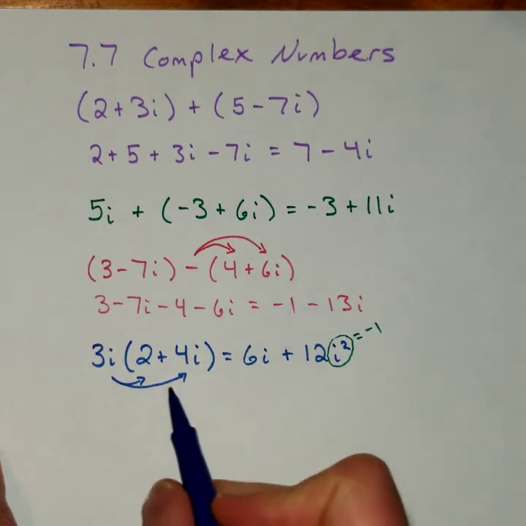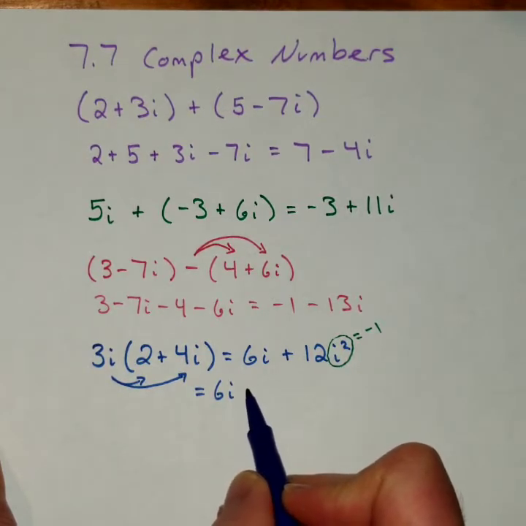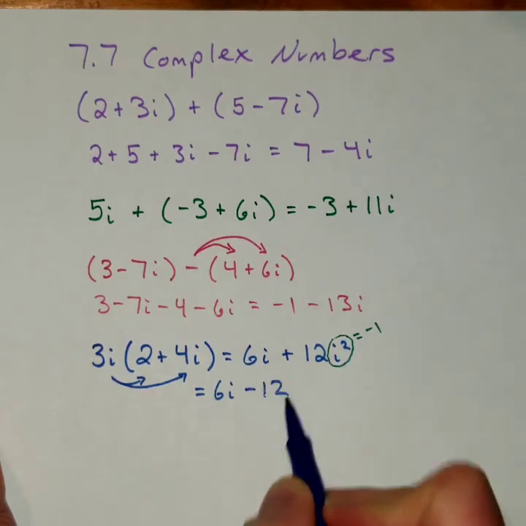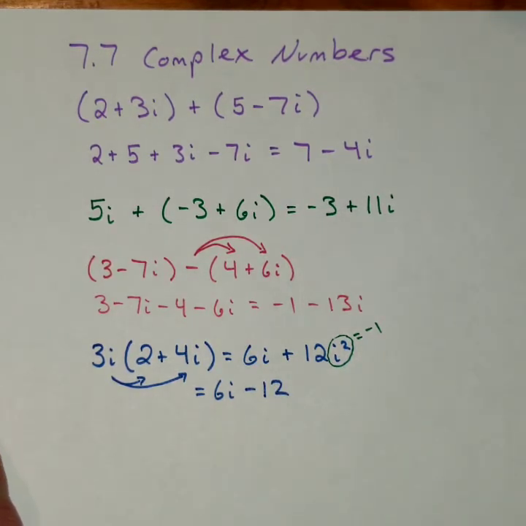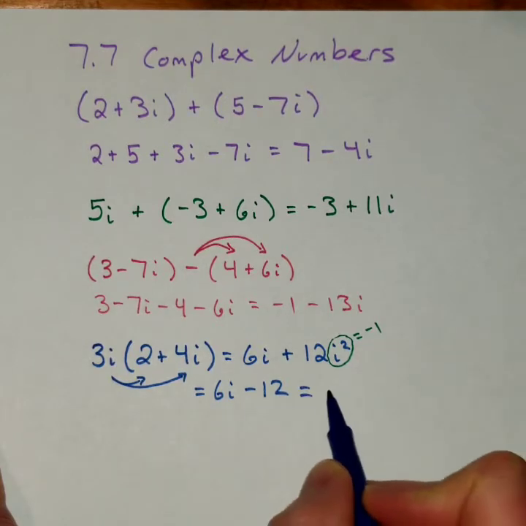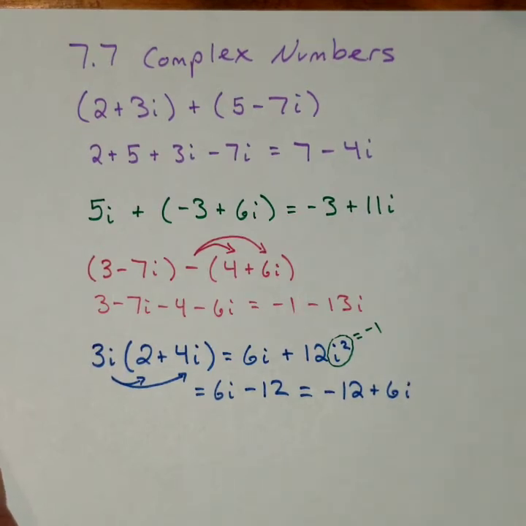So what we're really looking at here is 6i, and then 12 times negative 1 is really minus 12. So 6i minus 12 is the actual complex number. And really, when we write these out, we like to put them in the form a plus bi. So I'd probably switch those around and write it as negative 12 plus 6i, just so I get the real part first and the imaginary part second.